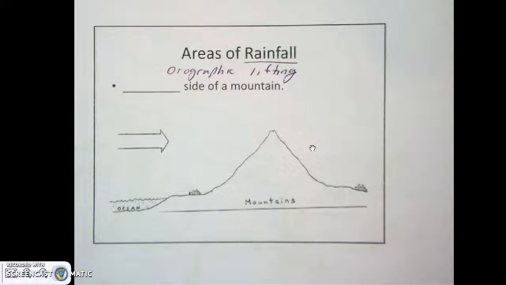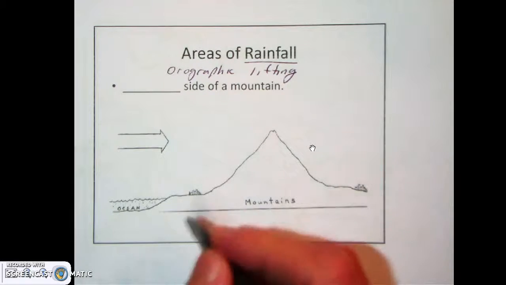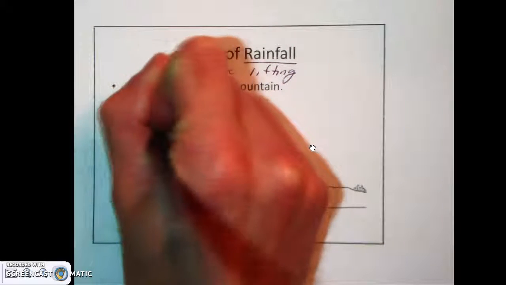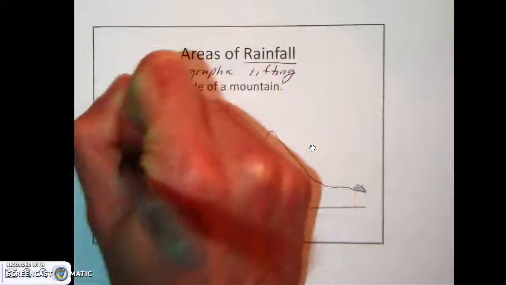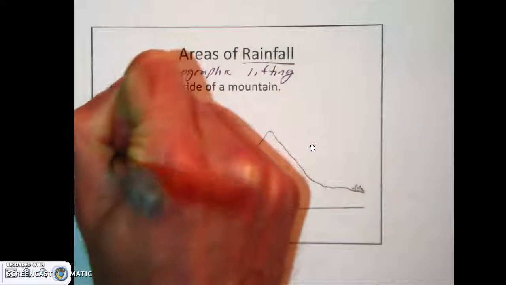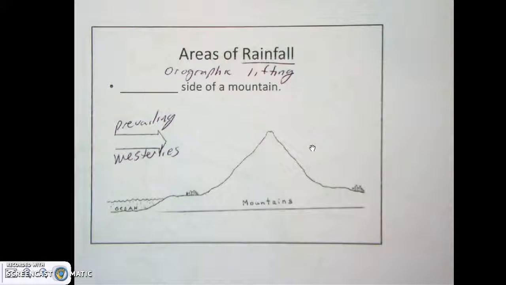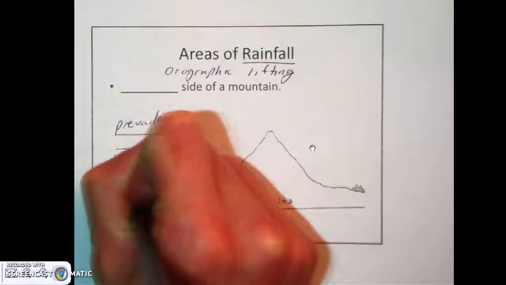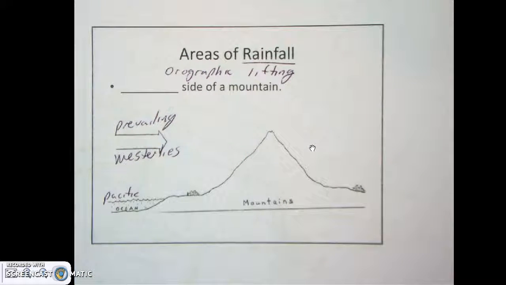Okay, so if we take a look at a very typical situation, here we've got the prevailing westerlies. These are the winds that blow from the west to the east in the United States. So in this example, maybe we're talking about the Pacific Ocean, somewhere in the Pacific Northwest, maybe Washington, Oregon.